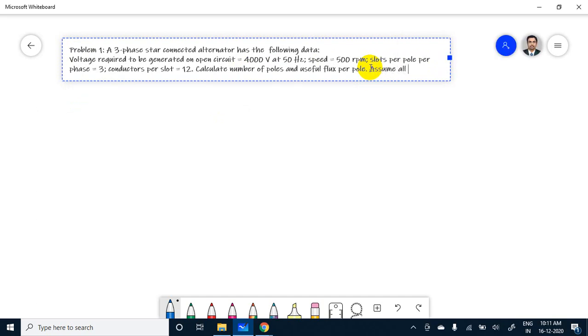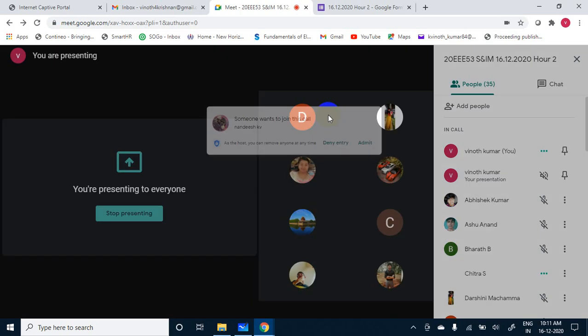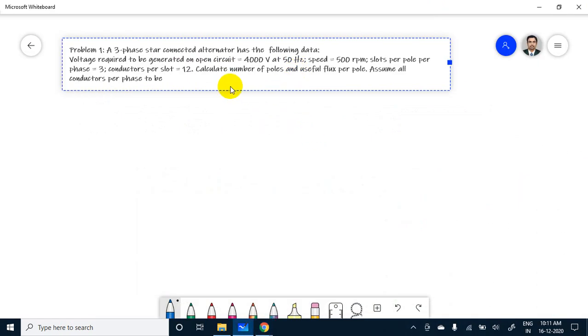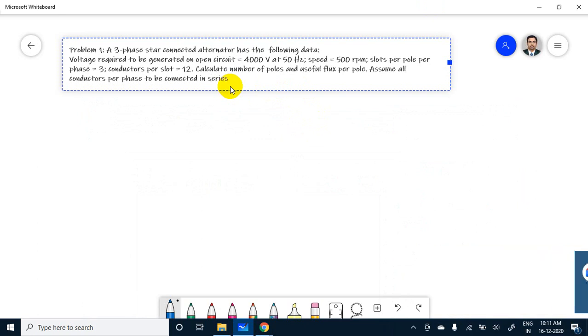Assume all conductors per phase to be connected in series and coils to be full pitch.